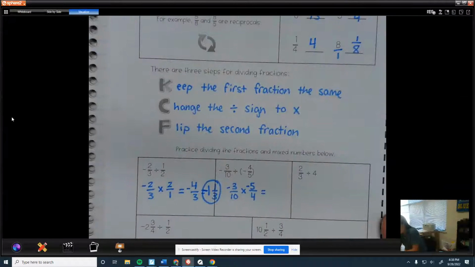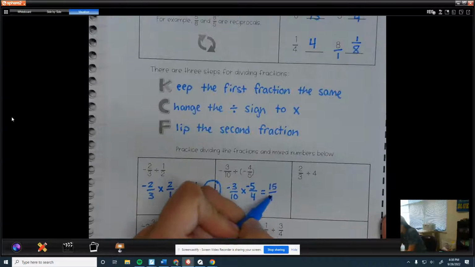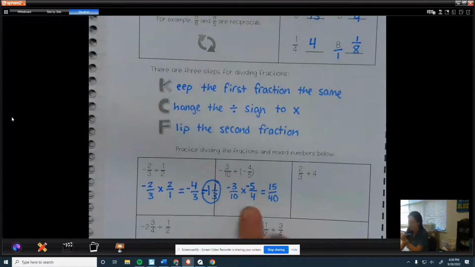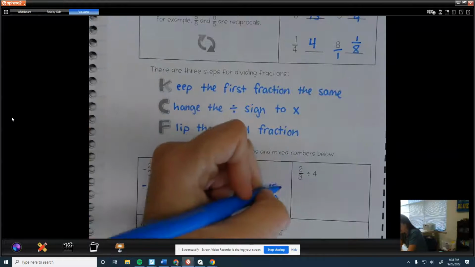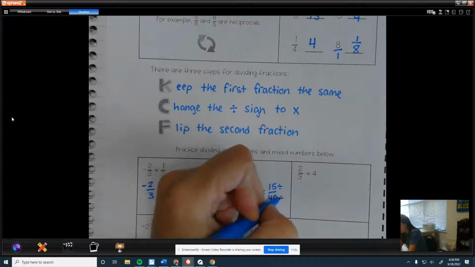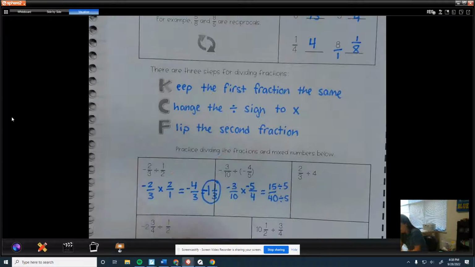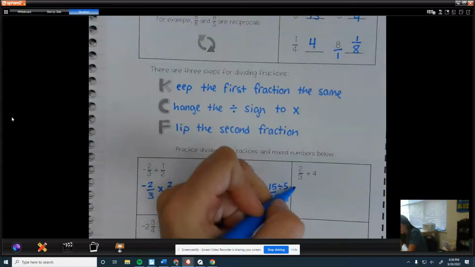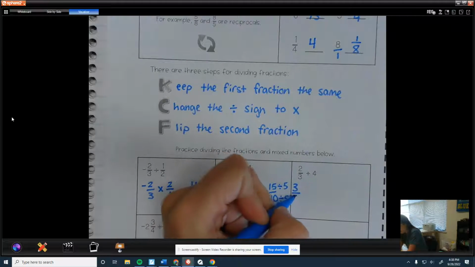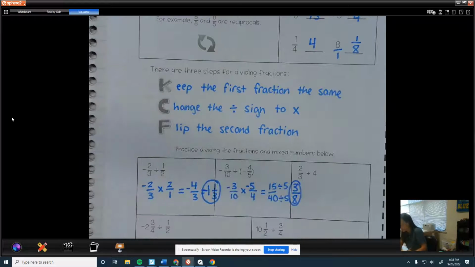All right, then 3 times 5, 15. 10 times 4, 40. And I know a negative times negative is positive, so I'm good. Then let's just think, what can we divide both of those by? If a number ends in a 5 or a 0, divide by 5. Then you've got 3 and 8. 3/8.